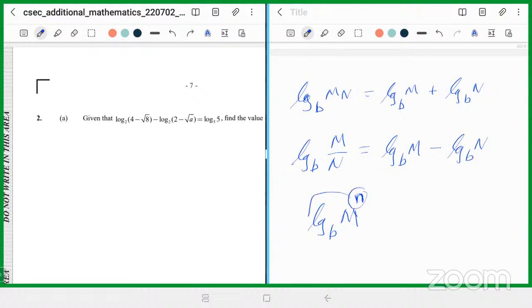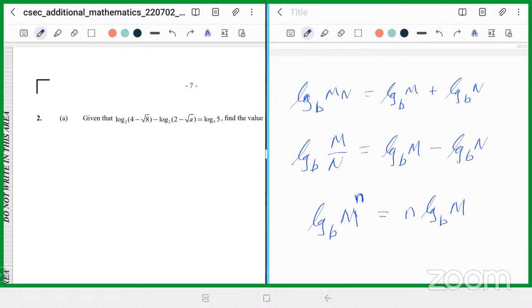This n can go to the front, and so this will become n times the log to base b of M. Given this one, you should know that the n can come to the front as a multiple. Given this one, you should know that the n can go back on there and become the power. You have to know the law from left to right, and from right to left.